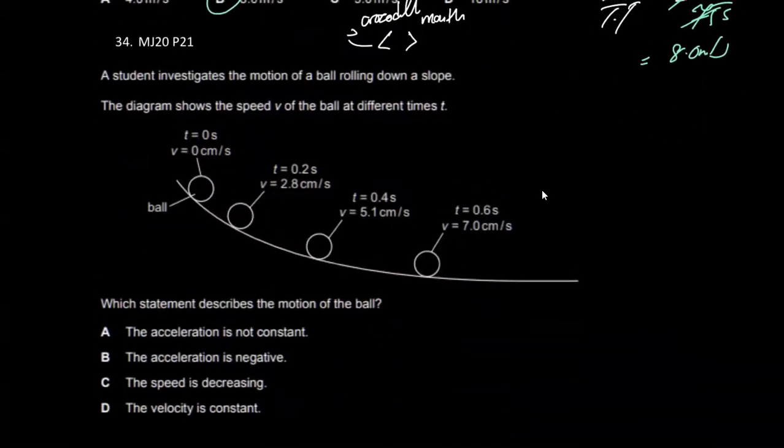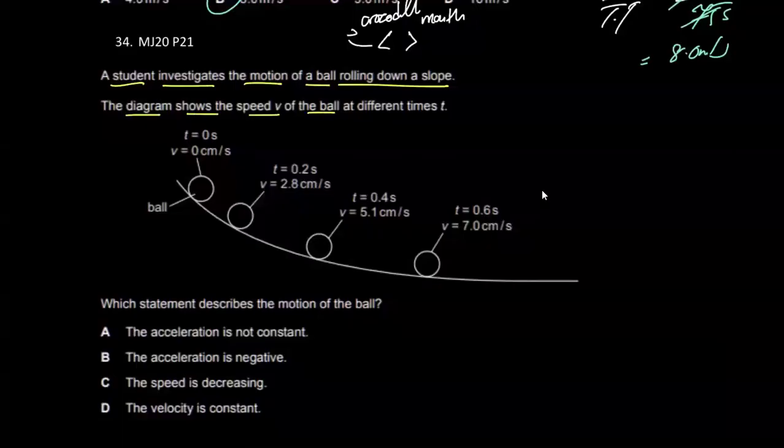Okay, there's 34. What a beautiful question to test your understanding. A student investigates the motion of a ball rolling down a slope. The diagram shows the speed v of the ball at different times t. Which statement describes the motion of the ball?